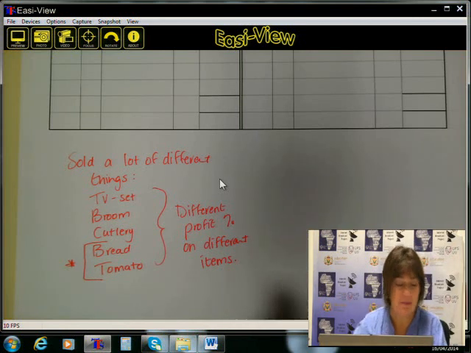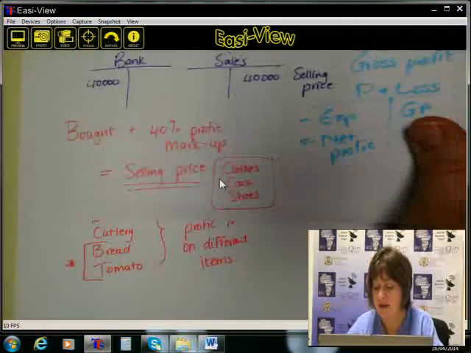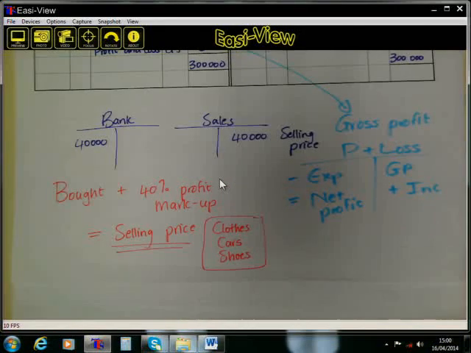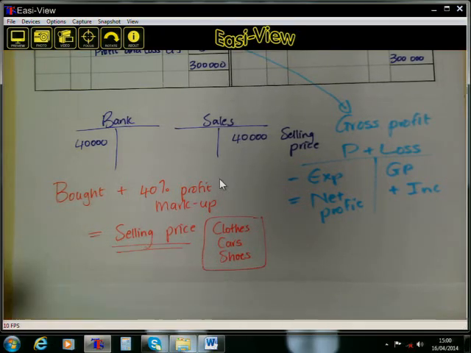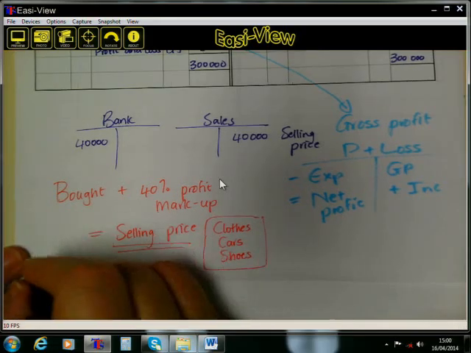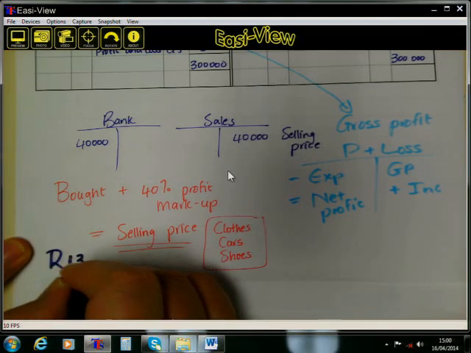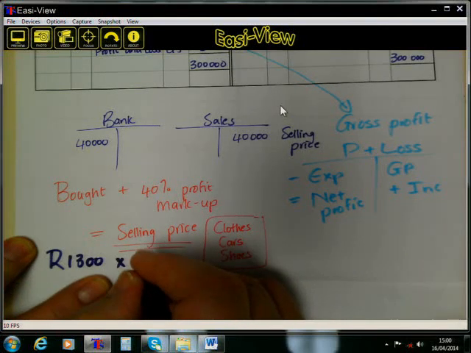Because in this perpetual system, if I'm in Woolworths and I'm busy buying clothes, and the total amount when I came to the till was, for example, I'm just going to make up an amount, say that was 1,300 Rand. That is the selling price. By the press of a button.